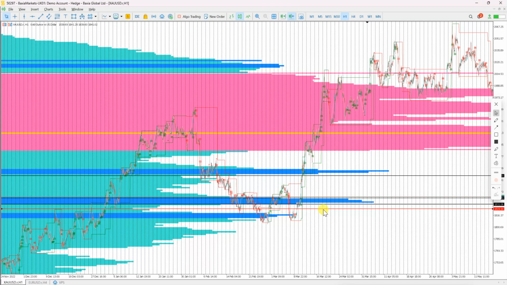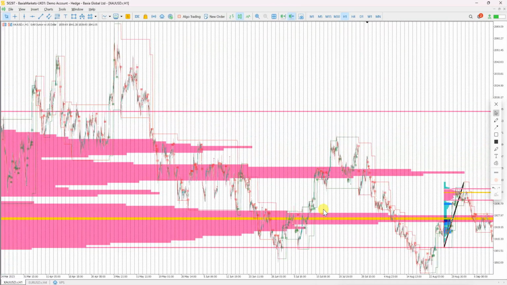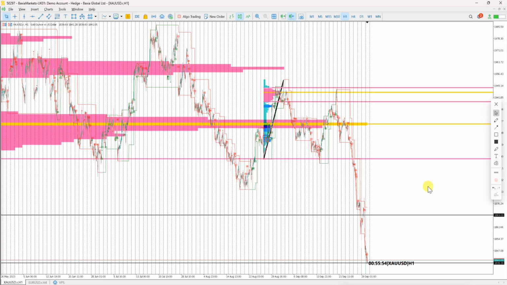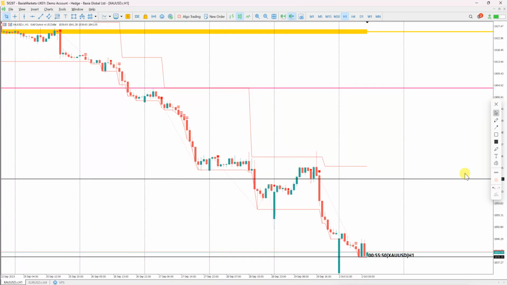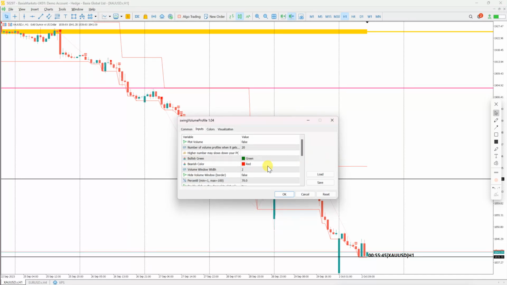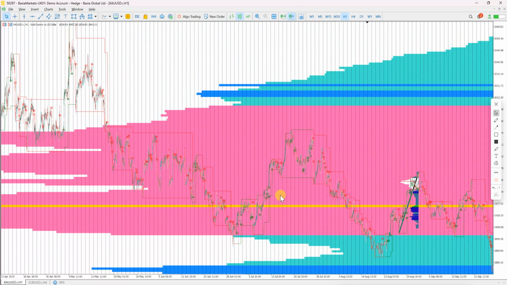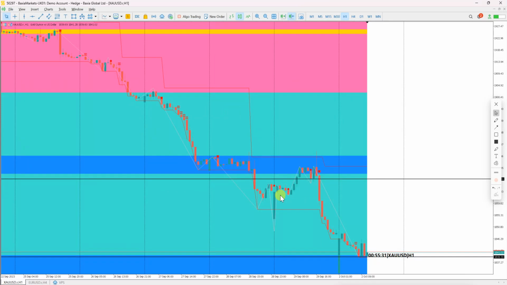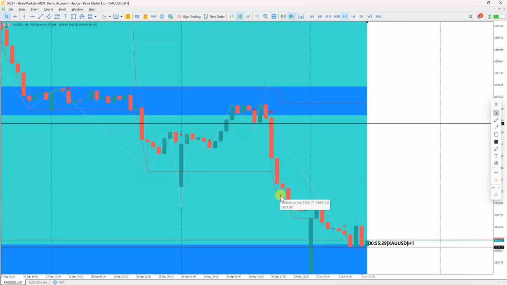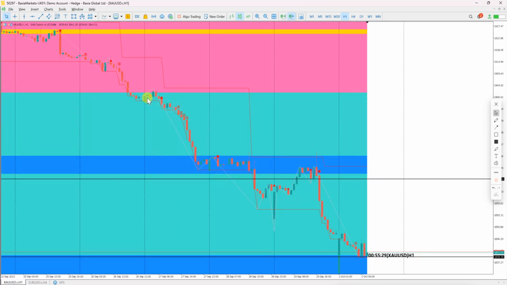Let's make it red. Also, let's plot it from right to left. Okay, it's much better, so we can know where we are. It disrespected the low value node.